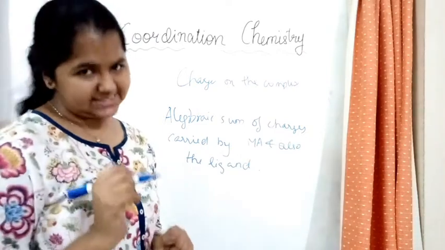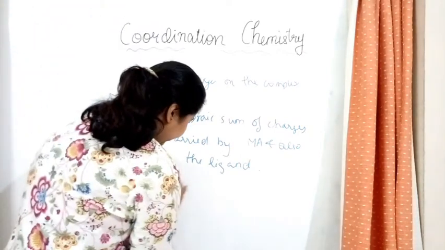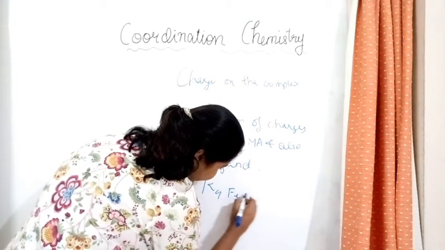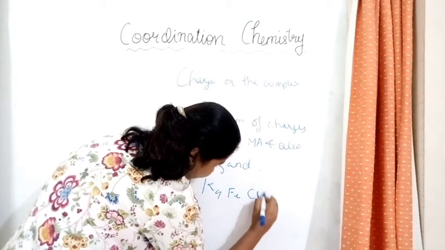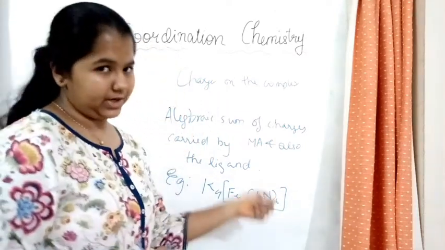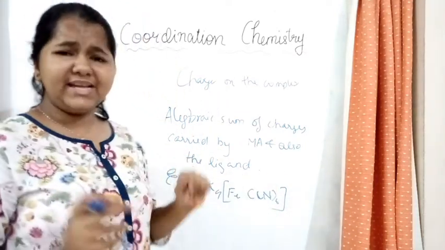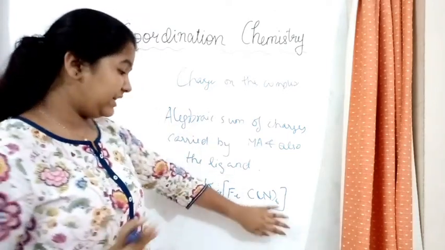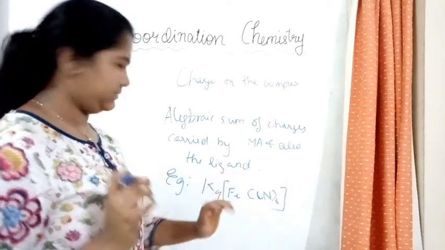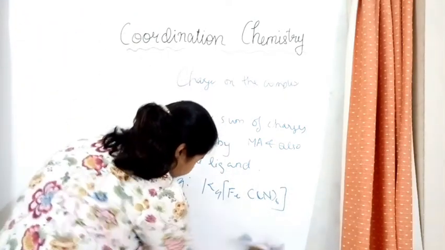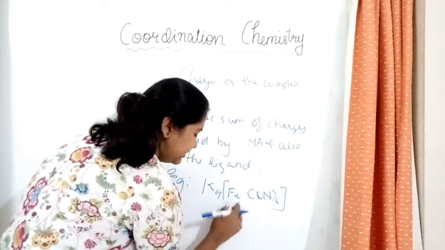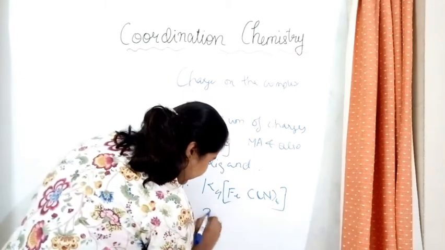So let's see an example. Let's write the example K4[Fe(CN)6]. Let's see what the charge is over here. What did I tell you? That is the overall charge carried by both the ligands and the central metal atom. So what is the charge carried by Fe? That is 3.